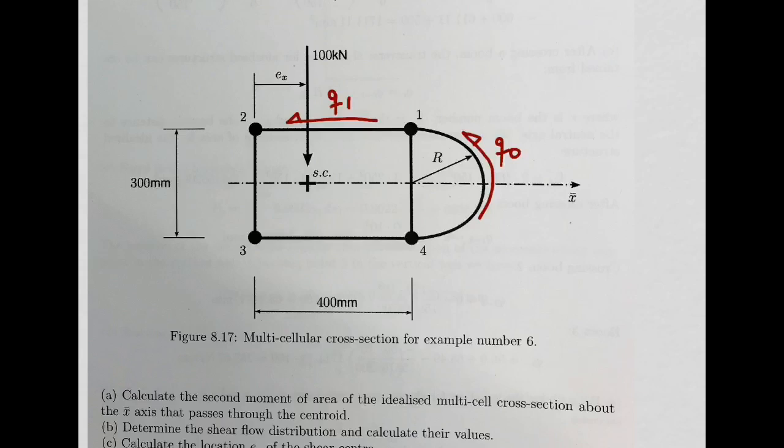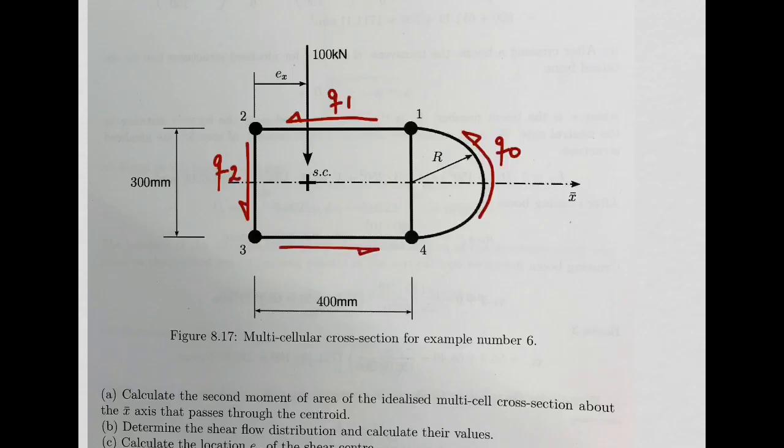Then it will cross boom number 2, and it will flow in this direction, Q2. It will cross boom number 3. Now, let's say Q3. Now, in boom number 4, part of the shear flow is going in this direction, Q0, which we have already there, and the other part is going upwards here. You can say this is my shear flow Q4. So we have an initial orientation for all the shear flows in all the walls of our cross-section.